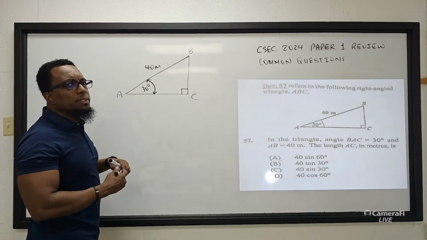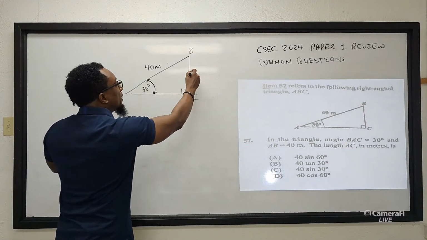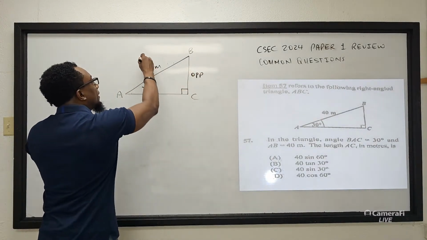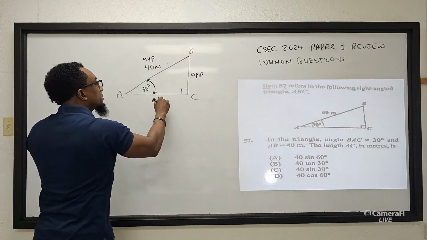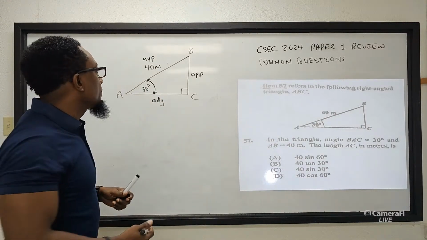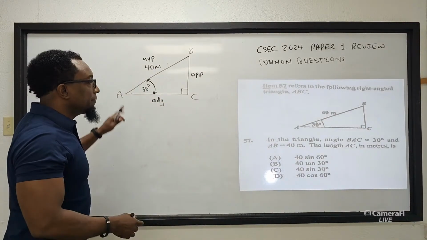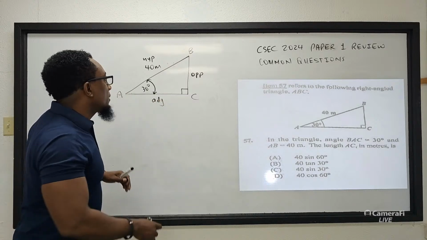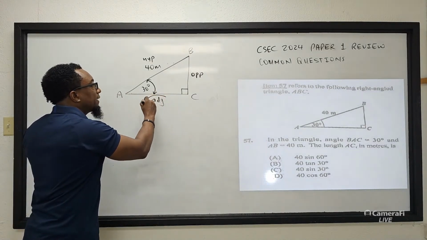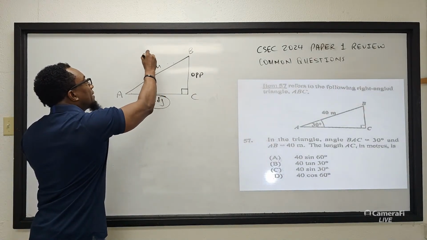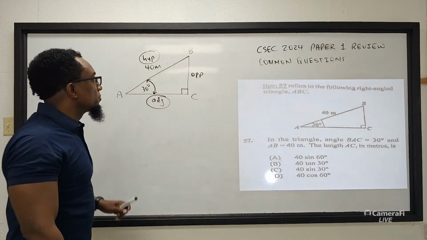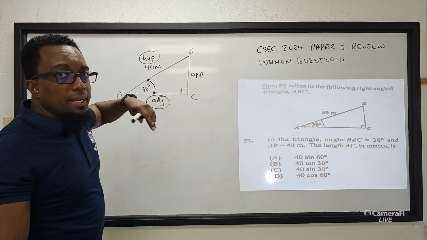If we decided to go 30, you would have said, alright, this would have been opposite. This is hypotenuse, this is adjacent. You would have said that, right? And then you would have said, alright, I want to find AC. So I want to find adjacent, and I have information for hypotenuse. What links adjacent and hypotenuse?